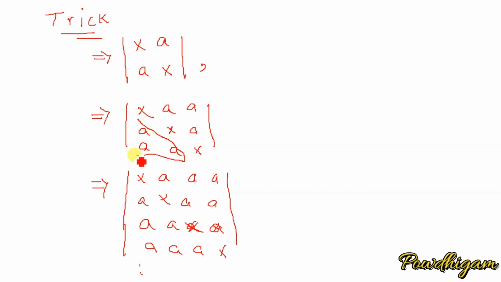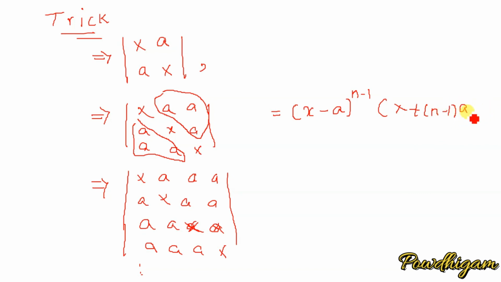If any problem like this comes in the exam, in any order, whether second, third, fourth or nth order, you just follow this formula: x minus a, whole power n minus 1, into x plus n minus 1 times a. If you follow this formula you can easily find the determinant of a 3 cross 3, 4 cross 4 or n cross n matrix.